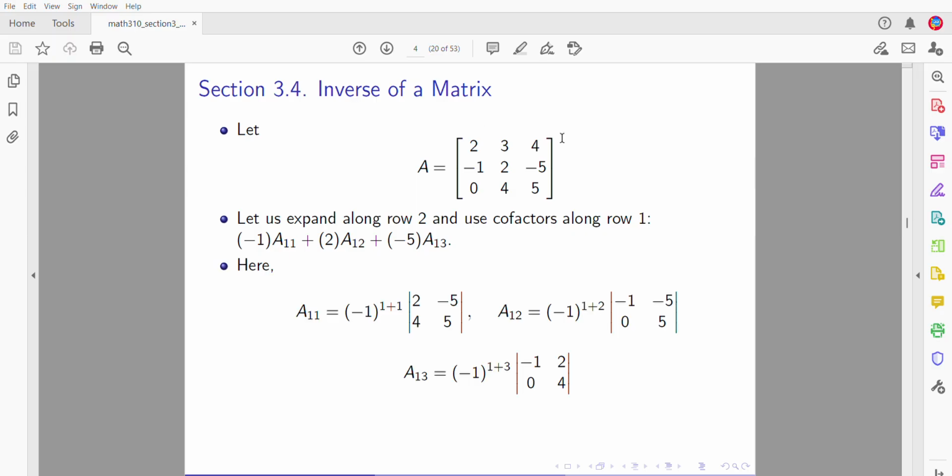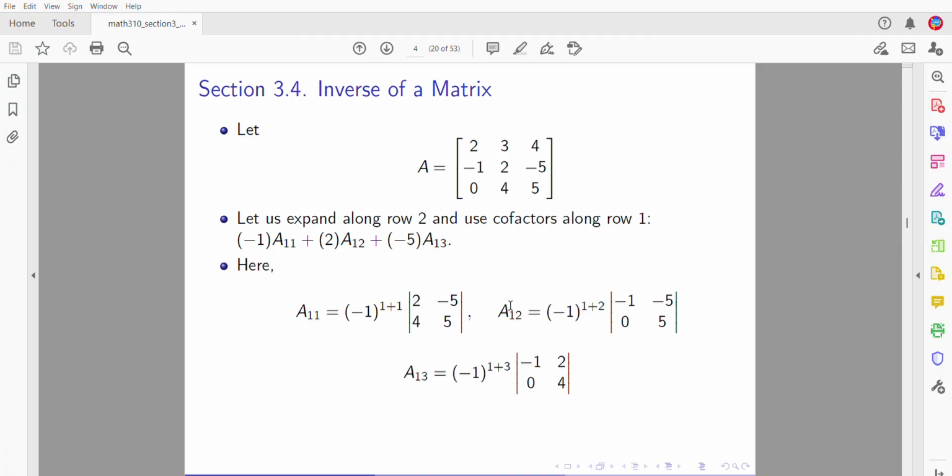Let's look at A11. Drop the first column, first row. That's my submatrix. You find its determinant and multiply by -1 to the power 1 plus 1. Likewise, A12. Drop row 1 and column 2. Whatever is left is my submatrix. Find its determinant, multiply by -1 to the power 1 plus 2.